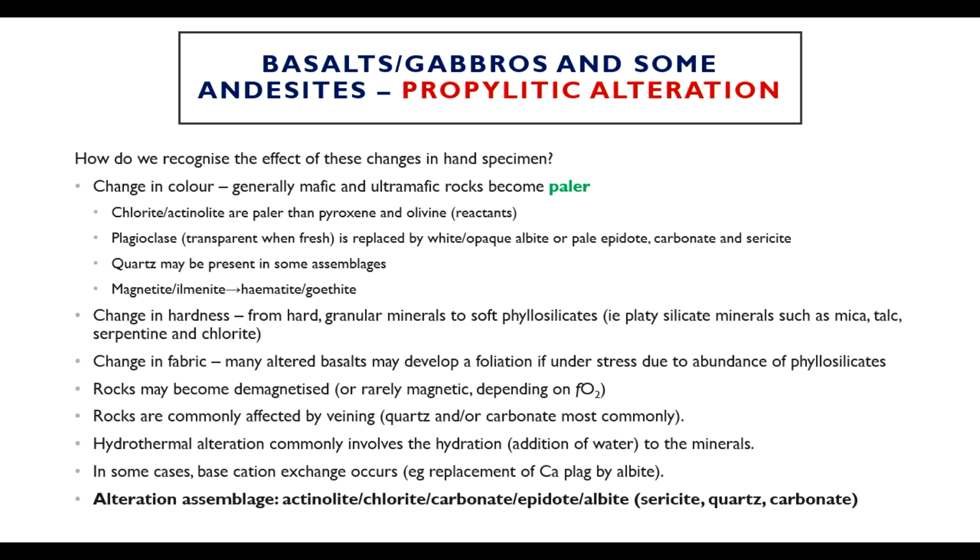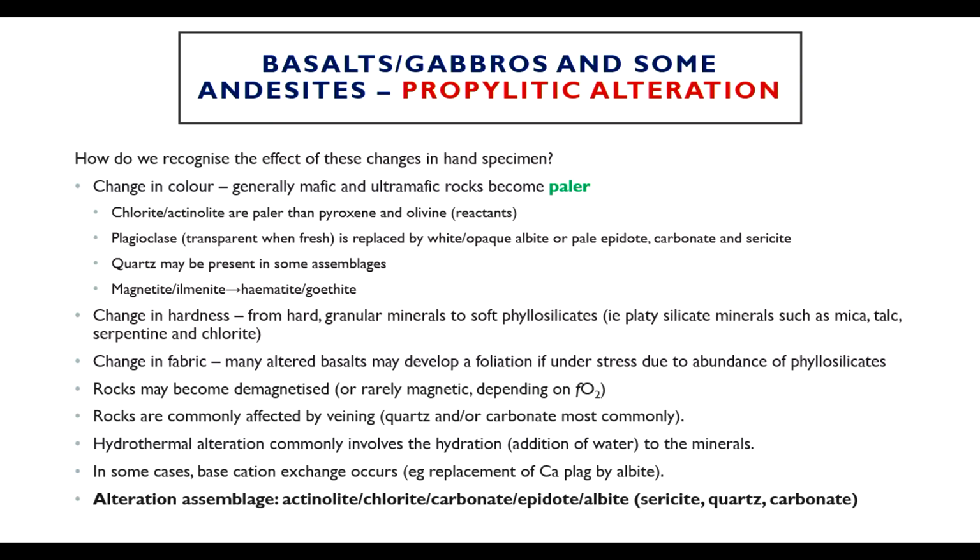You have to take care because greenschist facies metamorphism is probably one of the most common metamorphic rocks around. A lot of the sedimentary rocks around here have experienced that. So they're dominated by chlorite, actinolite, and plagioclase. So they have similar assemblages to what you would expect from propylitic alteration, and they're quite similar sort of processes. So take care.